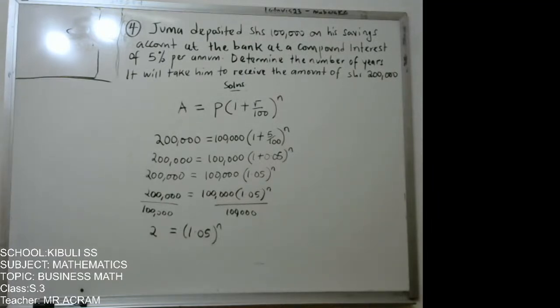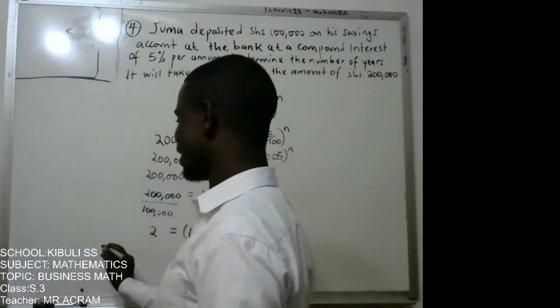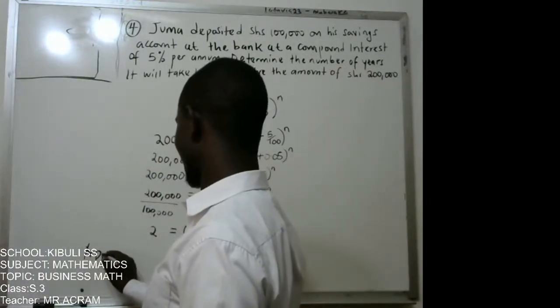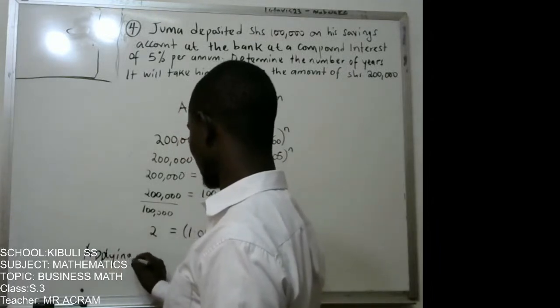What do you think we are going to use? Sematimba, you have the best answer. I can use logarithm. Thank you very much. We're going to apply logarithm on both sides. I wanted to know whether you have an idea.